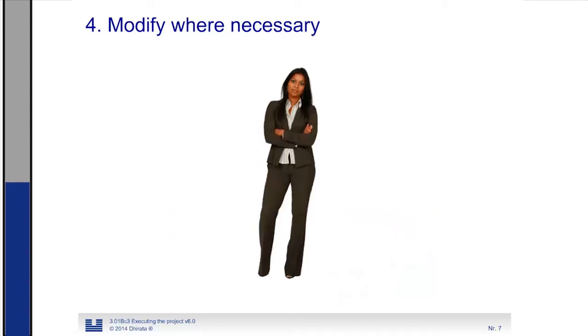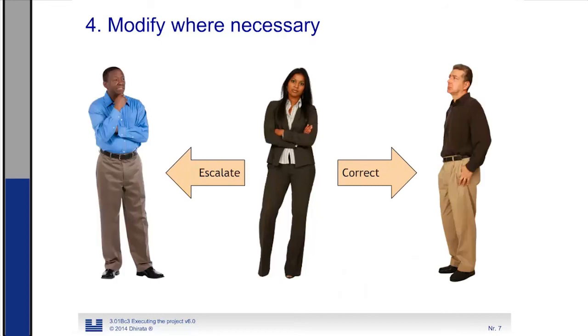When needed, the project manager needs to modify the way of working by correcting it, or they need to escalate it to the project sponsor when it becomes evident that the project will not meet its requirements.